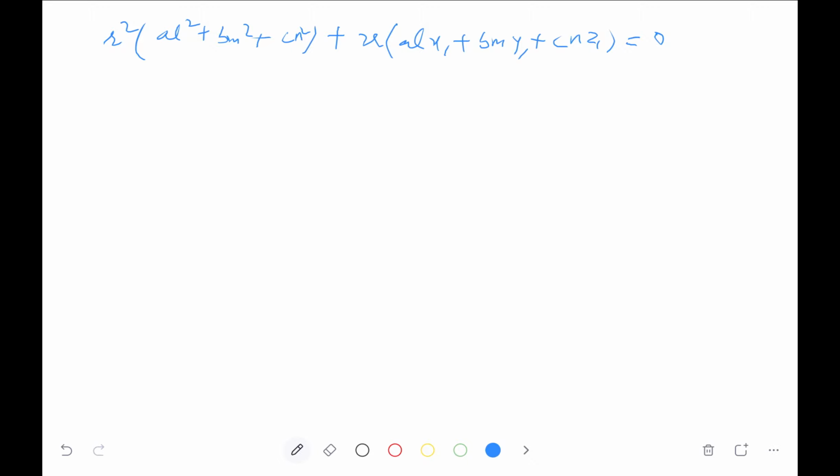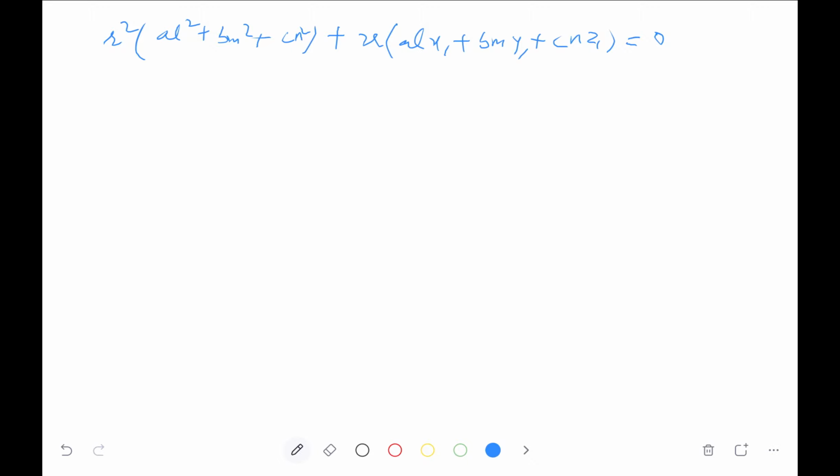So r can be taken common, and multiplying the whole equation on both sides by r, we are left with axx1 minus ax1 square plus byy1 minus by1 square plus czz1 minus cz1 square is equal to 0. So we can say that axx1 plus byy1 plus czz1 minus ax1 square minus by1 square minus cz1 square is equal to 0.